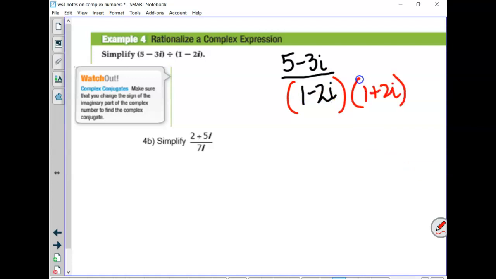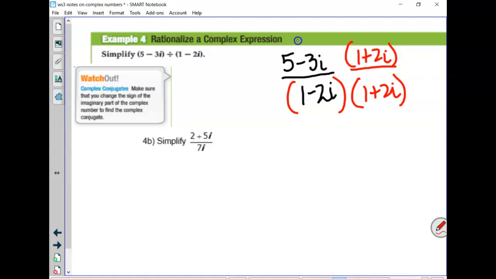And how are we actually allowed to multiply randomly by 1 plus 2i? Well, there's not an other side, but if we do it to the top, why is that okay? 1 plus 2i over 1 plus 2i is really just a form of 1. Does that make sense why it's okay to do it now?